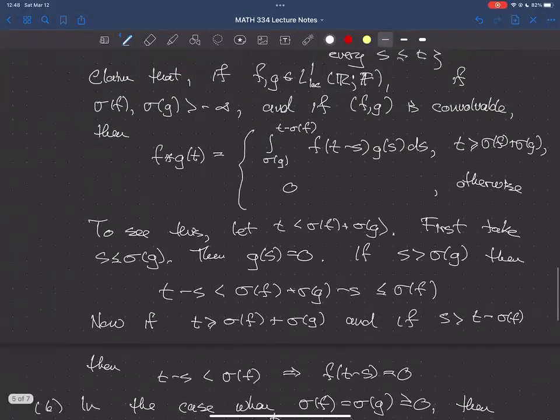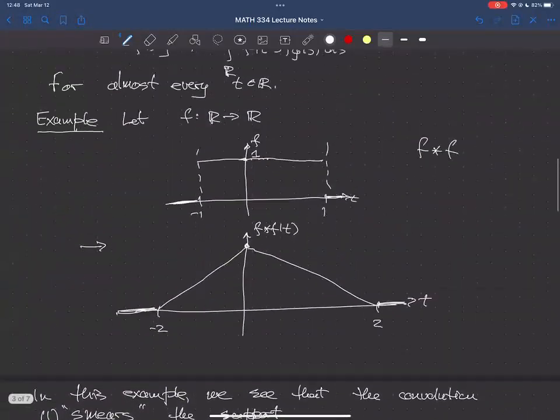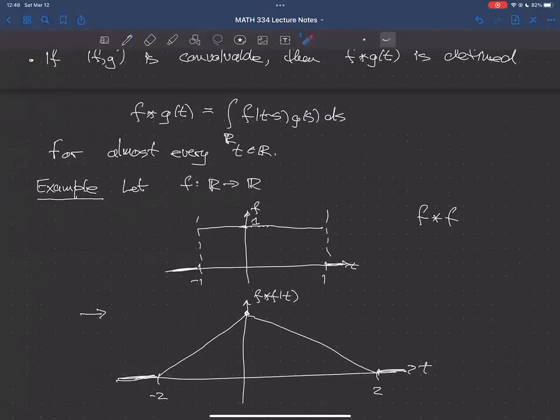Fubini's theorem shows up if you want to show that this thing is in L1.